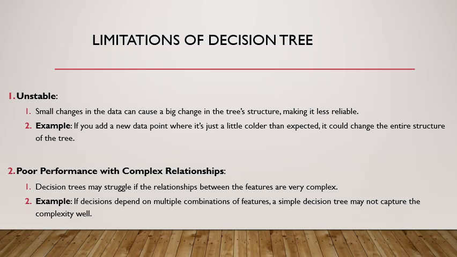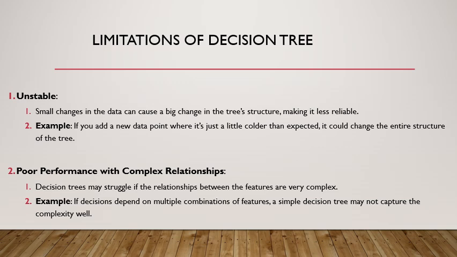Limitations. Small changes in data cause a big change in tree structure, making it less reliable. Here it is unstable. A decision tree is in a hierarchical, tree based format. If you make small changes in data, it will cause a big change in tree structure, making it less reliable.